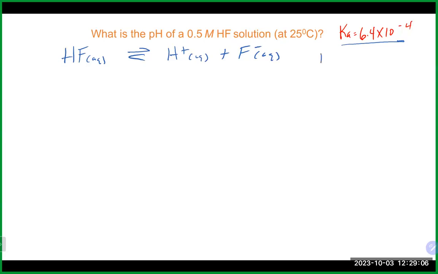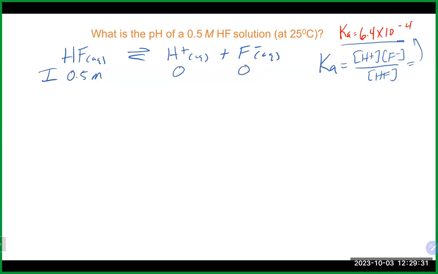That also means we can write our Ka expression, which would be the concentration of H plus times the concentration of F minus, divided by the concentration of HF, and it equals our number up here. So we're going to approach this the exact same way as before. Initially, the only thing given to us is 0.5 molar of HF. We have nothing given to us in terms of the other concentrations.